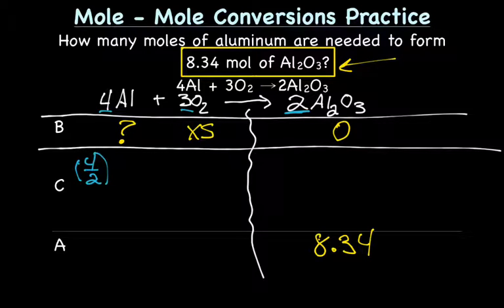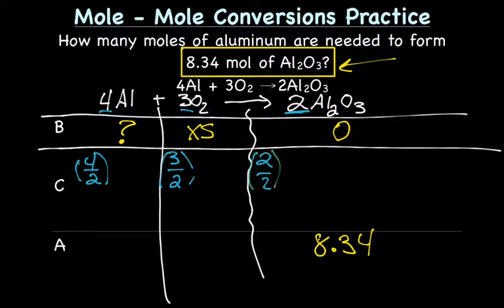And for oxygen, we are going to have a ratio of 3/2. And for Al2O3, it's a ratio of 2/2. So again, that number comes from the coefficient, and the 2 comes from the coefficient of the known.